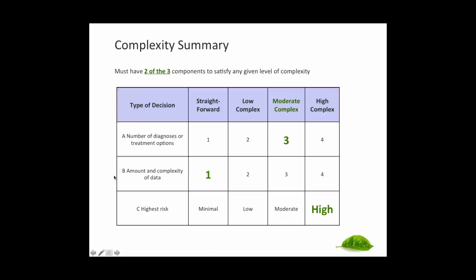Okay? And so as far as figuring out the type of decision and how it relates to CPT code, we have straightforward, low, moderate, and high. And you must have at least 2 of the 3 components to satisfy any level of complexity.